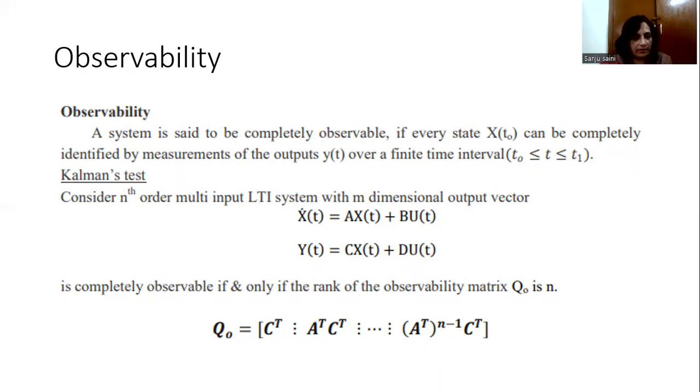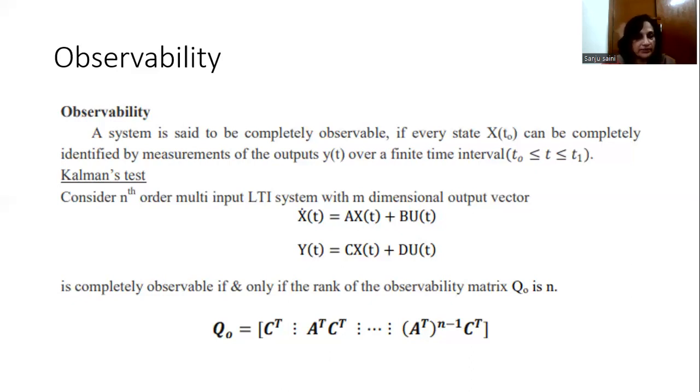The system corresponding to this state variable model is completely observable if the rank of the observability matrix is n, and the observability matrix is formed as C transpose, then A transpose C transpose, then we keep on increasing the power of A up to A transpose to the power n minus 1, C transpose. When we write the observability matrix and its rank comes out to be n, then the system is observable. If it is not so, then the system will not be observable.